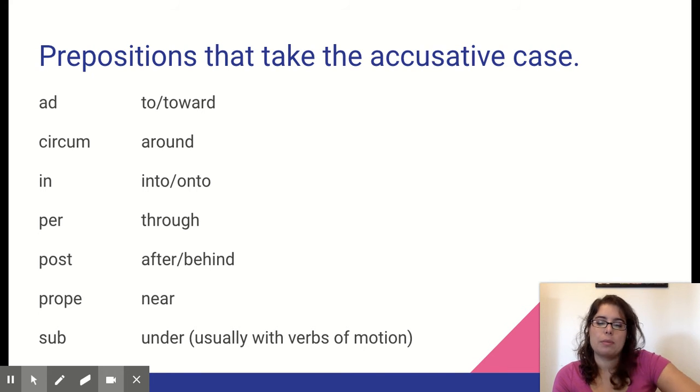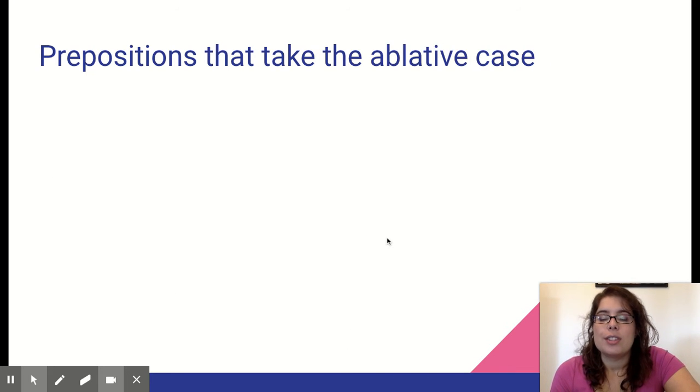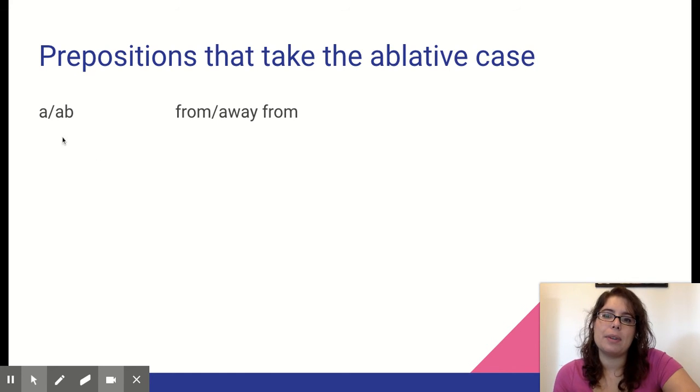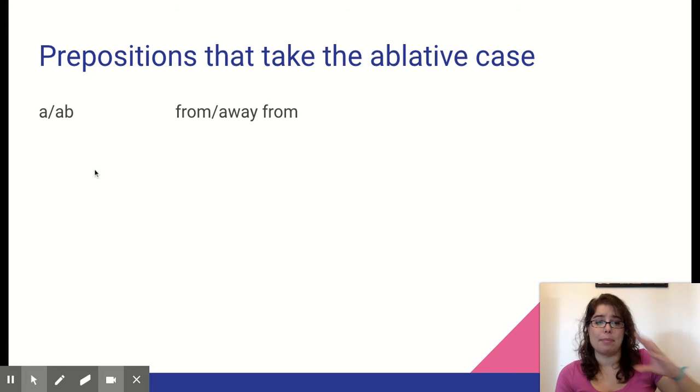And I'll kind of talk a little bit about that. So we have a or ab. I'm not sure if we've really seen this one that much yet, but a or ab means from or away from. Think of words like absent, right? If you're absent. We see this with our absum, abesse, meaning to be absent, to be away.